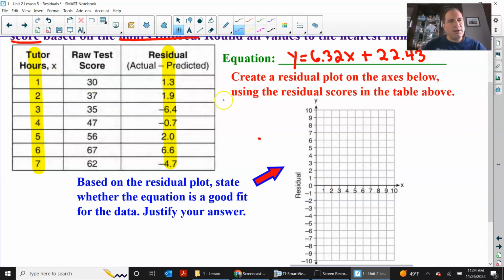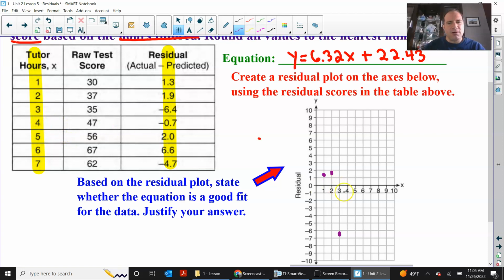So we're going to put 1, 1.3. That's right there. Then 2: when x is 2, the residual is 1.9, so we move it up to there. Then 3, negative 6.4, down to here. Just remember, negatives work a little differently than positives. It's past negative 6 and closer to the center of negative 6 and negative 7.